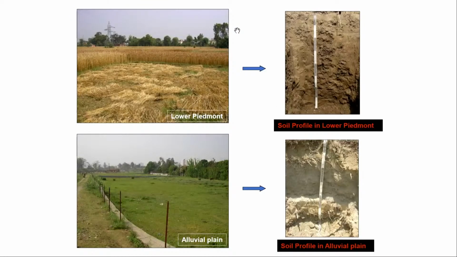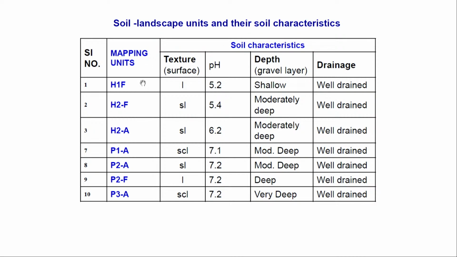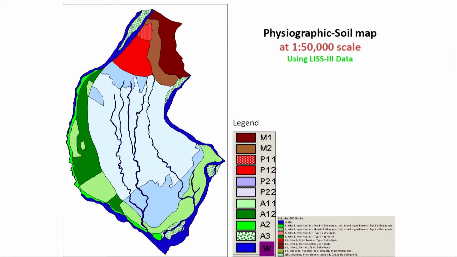These soils you are getting here. You can collect the samples there, and you analyze the samples in the lab, and you get this information, and you can get the soil characteristics. This is the way we have prepared the soil map. So from remote sensing data, we have prepared these polygons, and from these polygons we collected the samples, and we can generate the soil map.